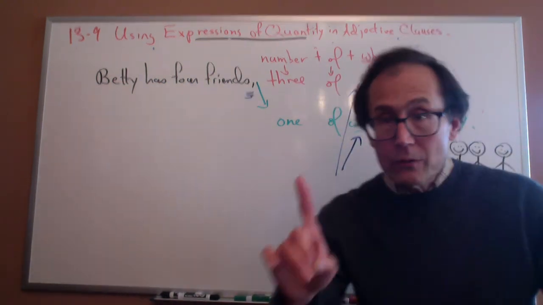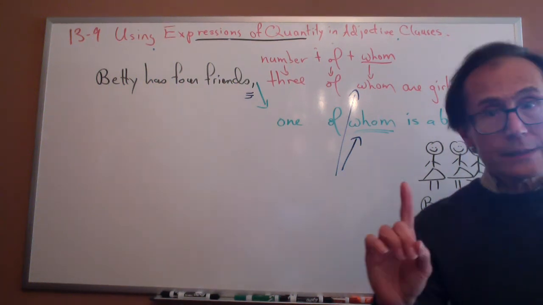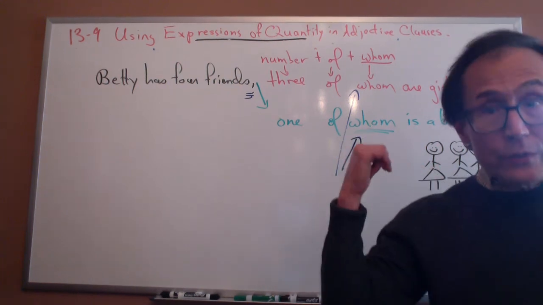So, now, other thing I want to point out. You remember when we were talking about things, I said, when I'm talking about things, I need to use which. I can't use that. Similar with whom.